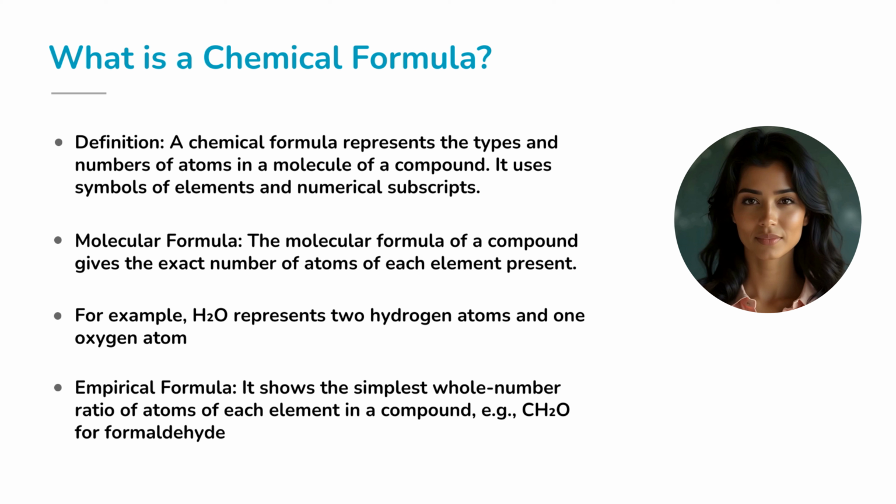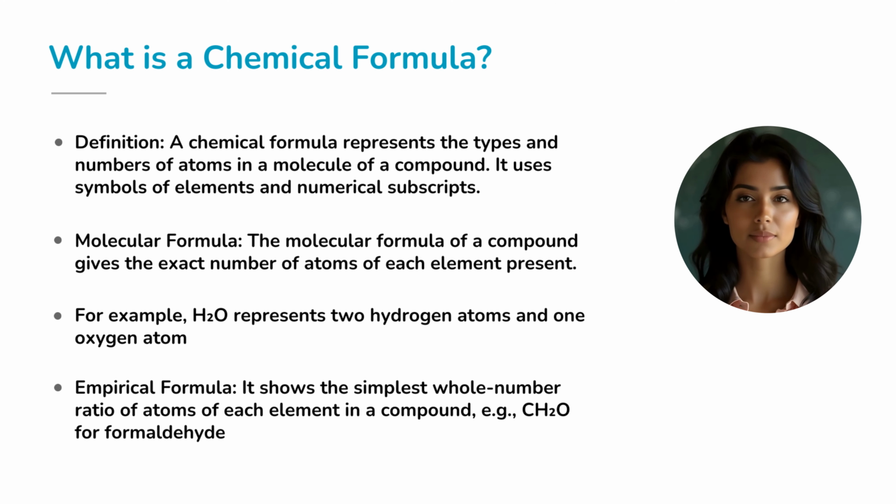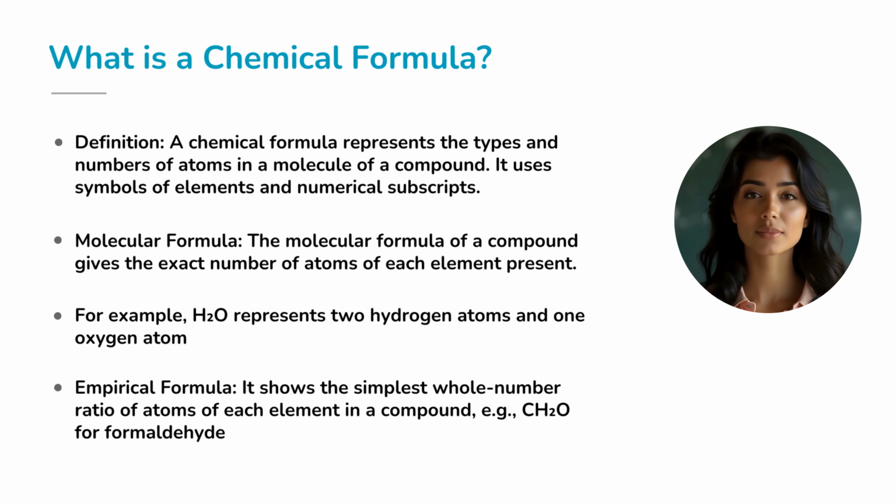Now, let's talk about the metals, which have some interesting stories behind their symbols. Did you know that many metal symbols are derived from their Latin names? For example, copper is represented by Cu from the Latin word cuprum.